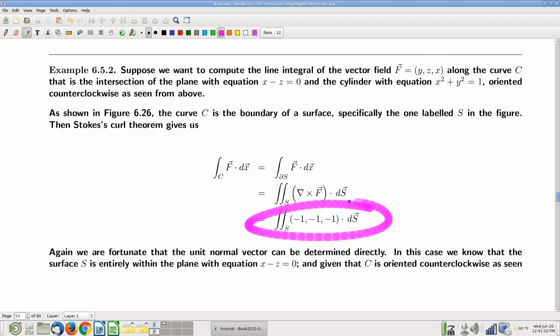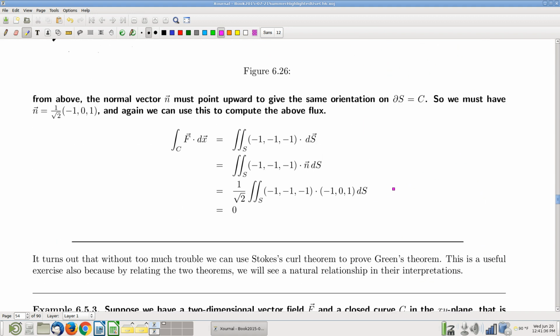And this flux is easy to compute because you notice that the curl and the normal vector that we noted above are orthogonal. Right? So the dot product is 0. So I didn't have to do any integrals.